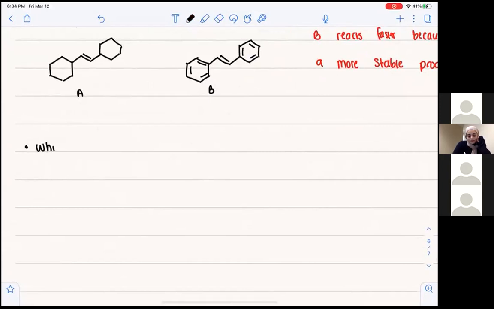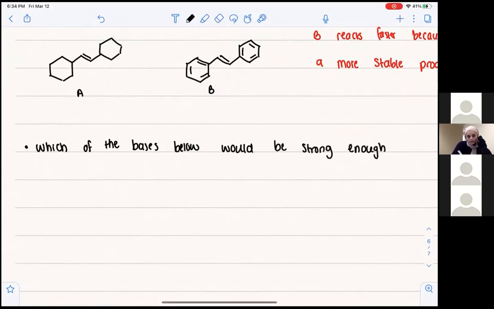Okay, so let's do this one. This is a chapter 9 question. Which of the bases below would be strong enough to deprotonate a terminal alkyne?